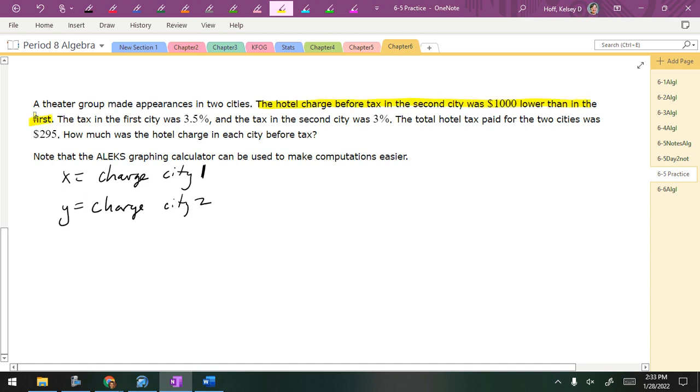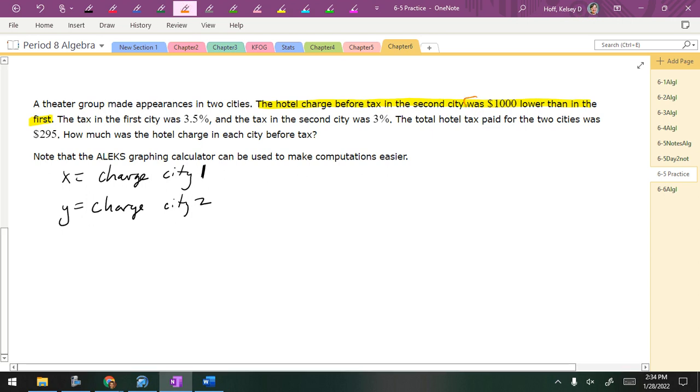Write an equation to represent the hotel charge before tax in the second city was $1,000 lower than the first. What would that look like as an equation? Don't say it out loud, just write it. The second city was $1,000 lower than the first.